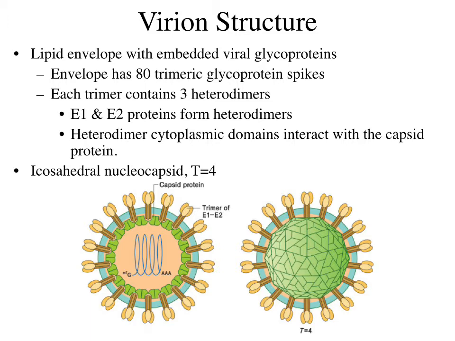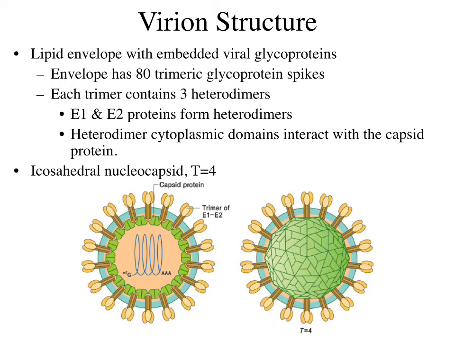Now, the envelope proteins are trimers. That means that they're made up of 3 parts, and each part forming the trimer is a heterodimer. A dimer is 2, and a heterodimer just means that the 2 parts making up the dimer are different.